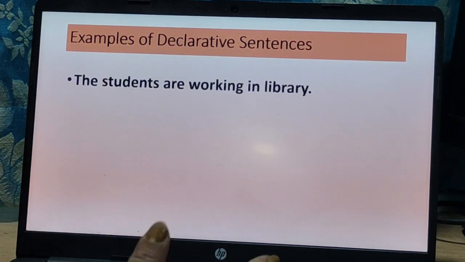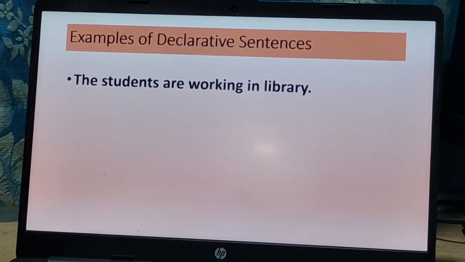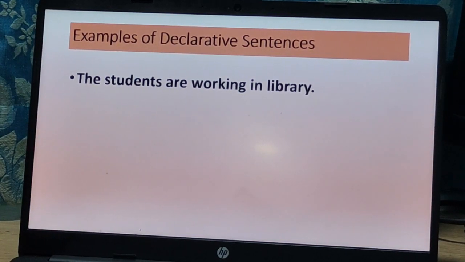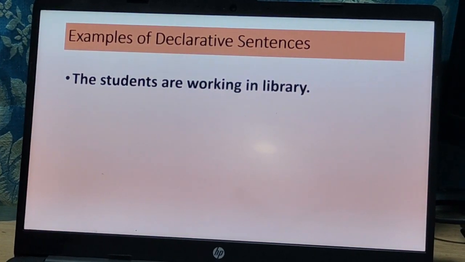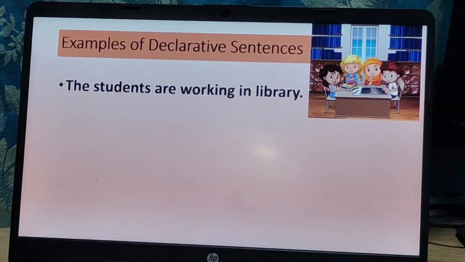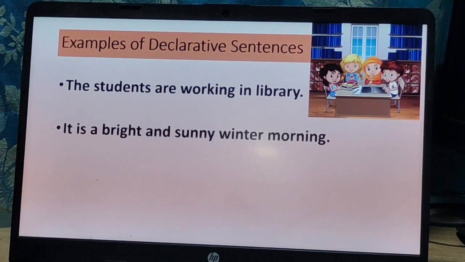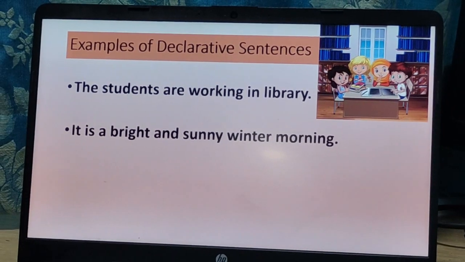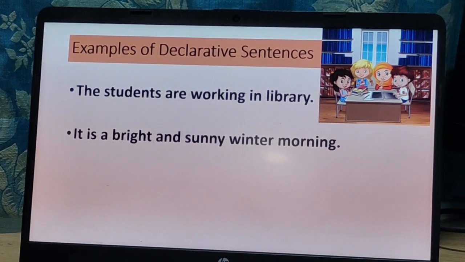Then I'll just show you some examples to make it clearer. What are some of the examples of the declarative sentence? The students are working in the library. We are just telling a statement of a fact. Or, it's a bright and sunny winter morning, is an idea.